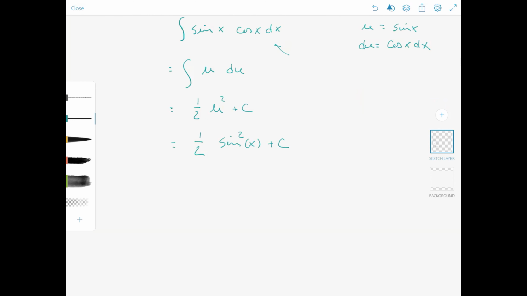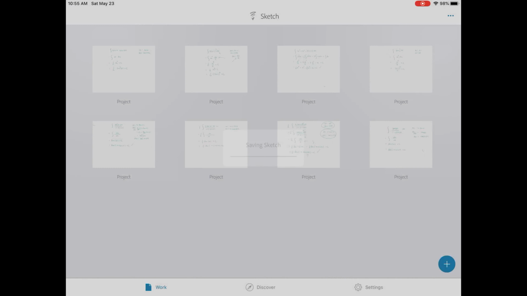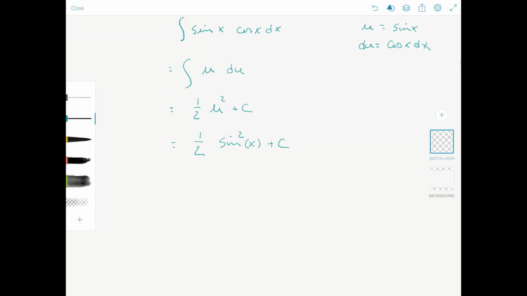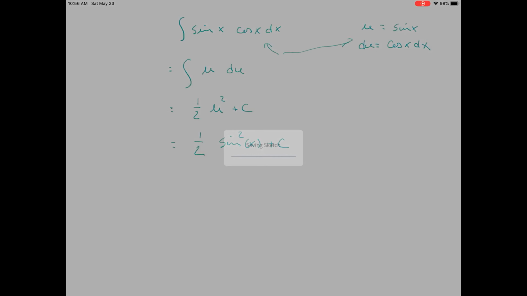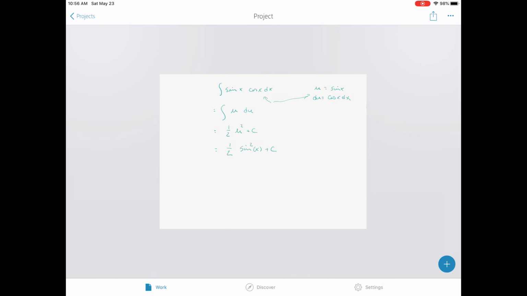It would be instinctive, but it would be wrong. So you don't want to think that way. You've got to be a little bit more wary. So when you see an integrand like this, think substitution. It's not a typical trigonometric integral.